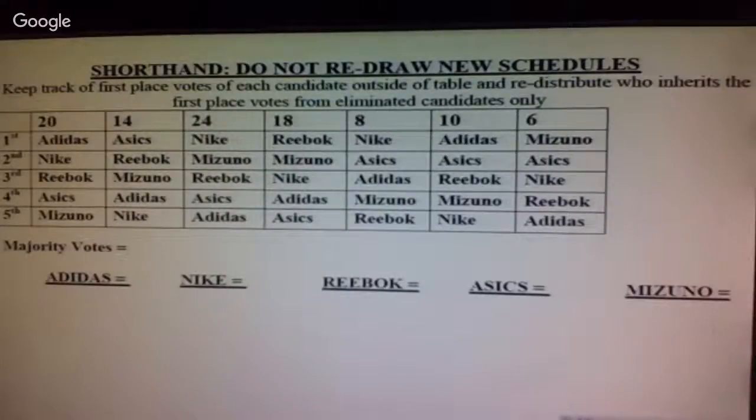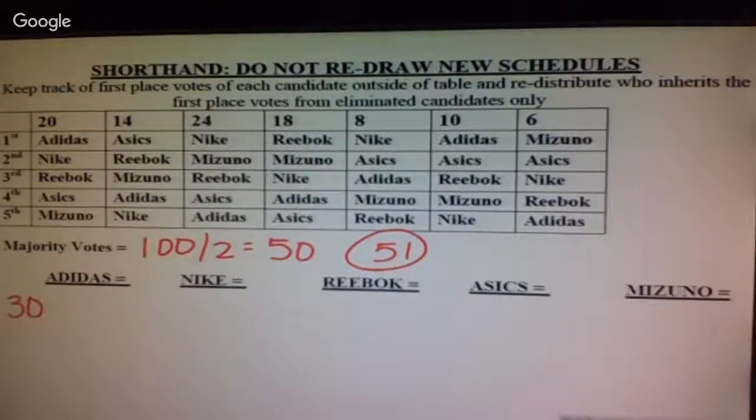So, majority of votes first. How many total votes do we have? 100. So my goal is 51 again. Right now, how many votes does Adidas have? 30. Nike has 32.